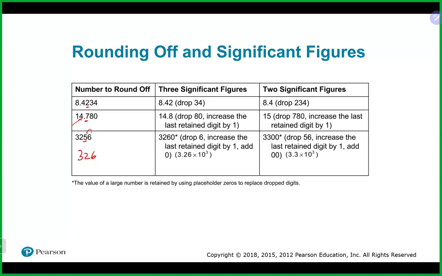So here we do need to add a 0 to maintain the meaning of it. It's okay to do that in terms of significant figures because I did not put a decimal point anywhere there, right? So that 0 at the end is not significant. It maintains the 3 significant figures, but it maintains the actual meaning of the number more importantly, right?